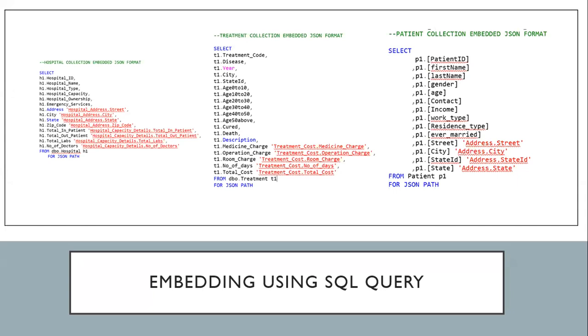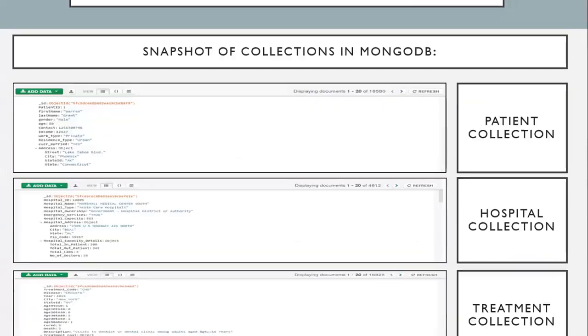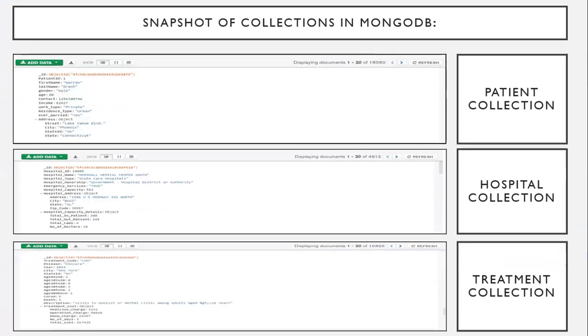In the hospital collection, we have used the h1 alias and hospital address dot street. So as you can see, the street, city, state, and zip code for each hospital will be within the hospital address. And similarly, we have performed embedding for disease and patient. Now I'll let Nikhil continue for the next slides.